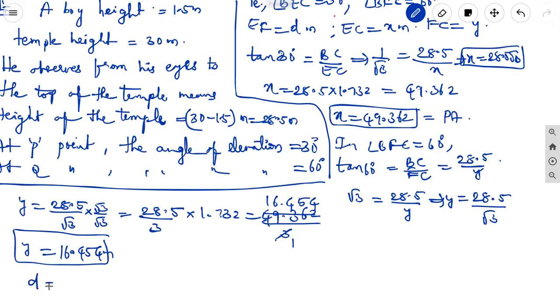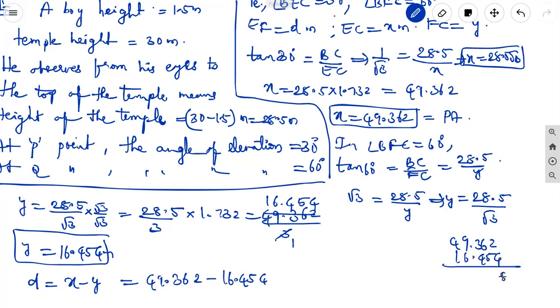Then we can find out the D value. Small d is equal to x minus y. So x is equal to 49.362 minus 16.454. So subtract 16.454 from 49.362. It is 8, 13, 13 minus 4 is 9, 23.